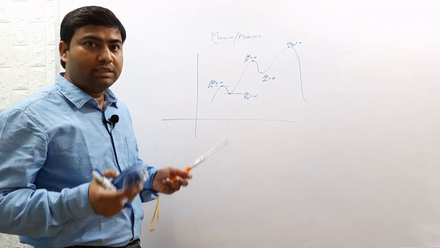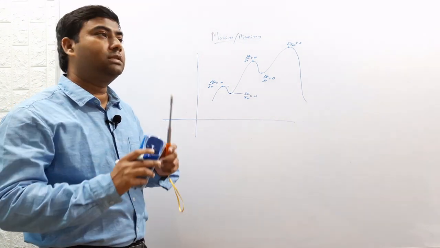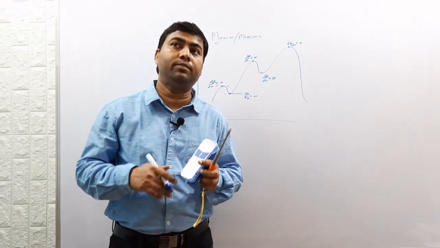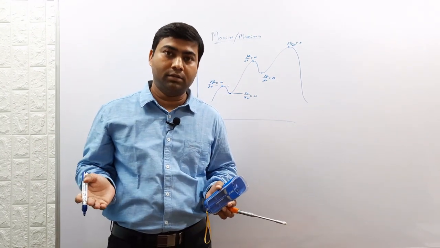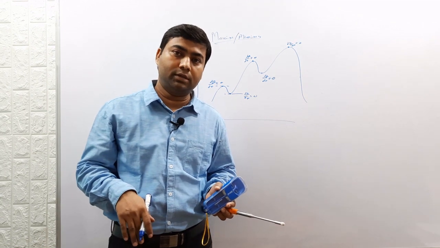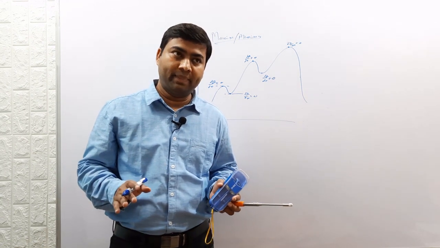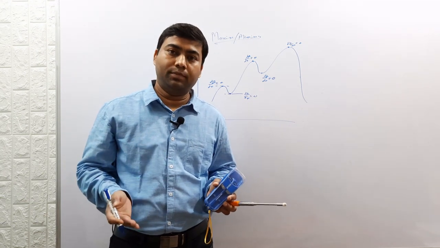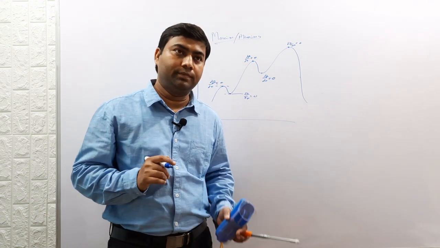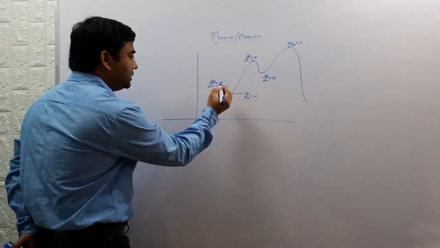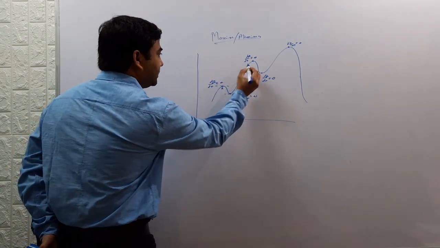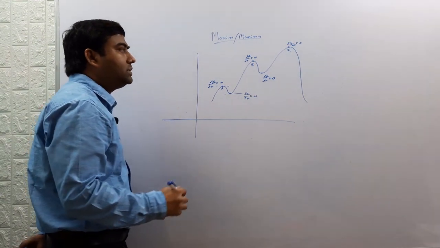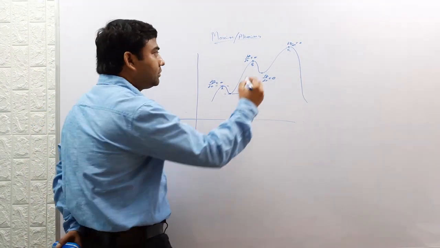Now, what is maxima and minima? There is nothing like absolute maxima or minima here. You should never confuse it with the maximum value of the function or the minimum value of the function. It's not like that. These are only local maxima and local minima. Local. You see, these are maxima A, B, C. Maxima means what?